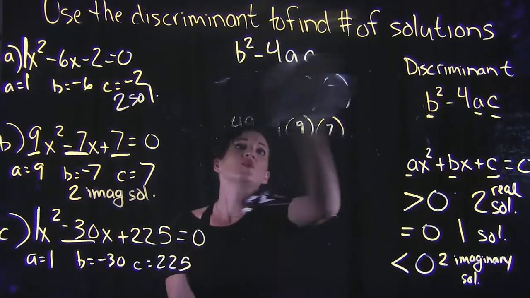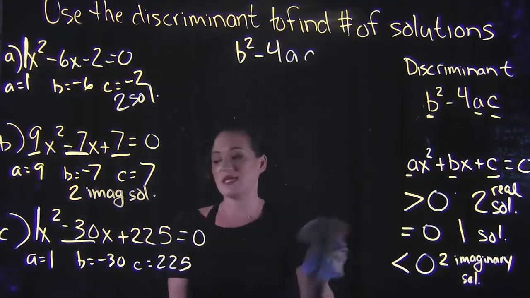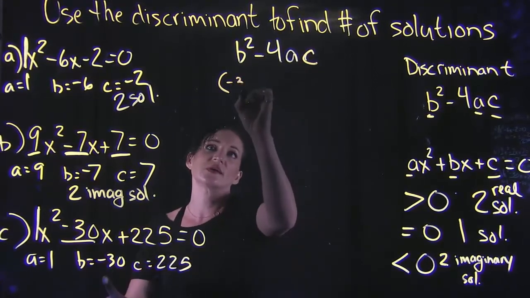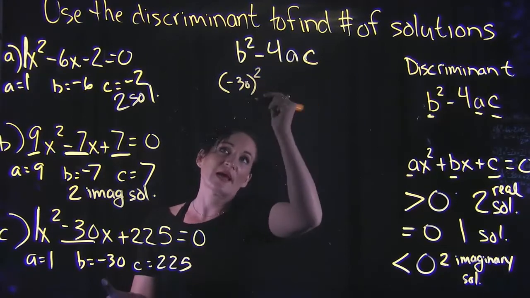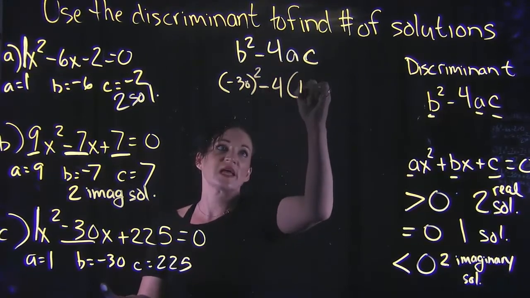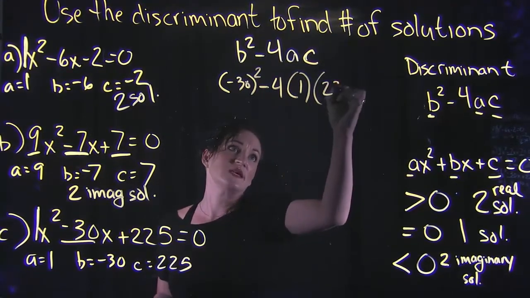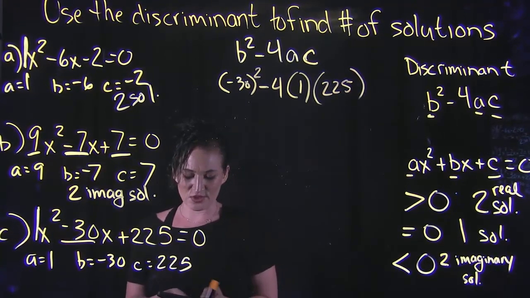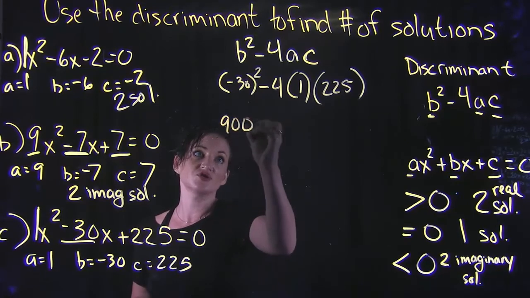So let's see what we get for example C. Plug it into b squared. So b squared is -30, or -30 squared, minus 4 times a, which is 1, times c, which is 225. Now 30 times 30 is 900.